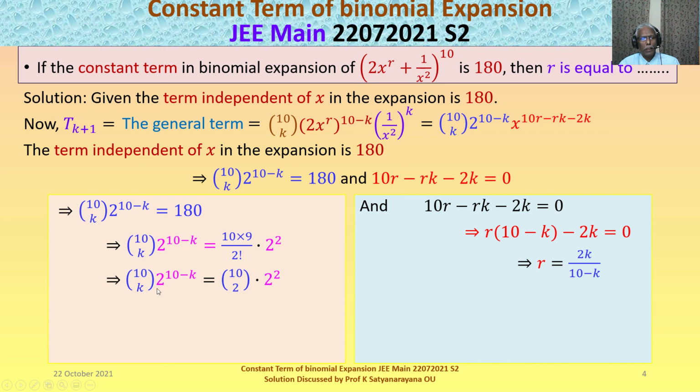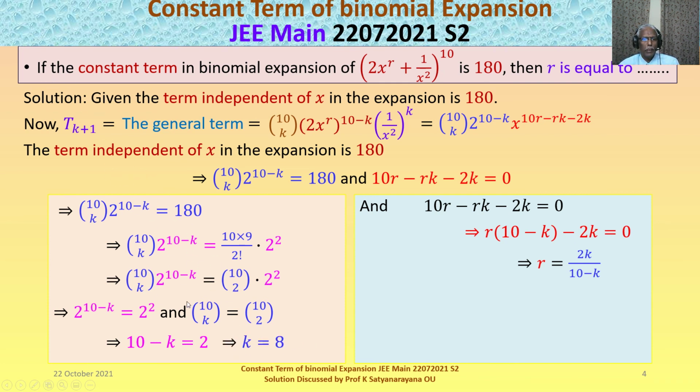Now let us look at the power of 2. 2 to the power of 10 - k is 2^2, so 10 - k is equal to 2, and 10Ck is equal to 10C2. From the first one, 10 - k = 2, this will imply k is equal to 8.